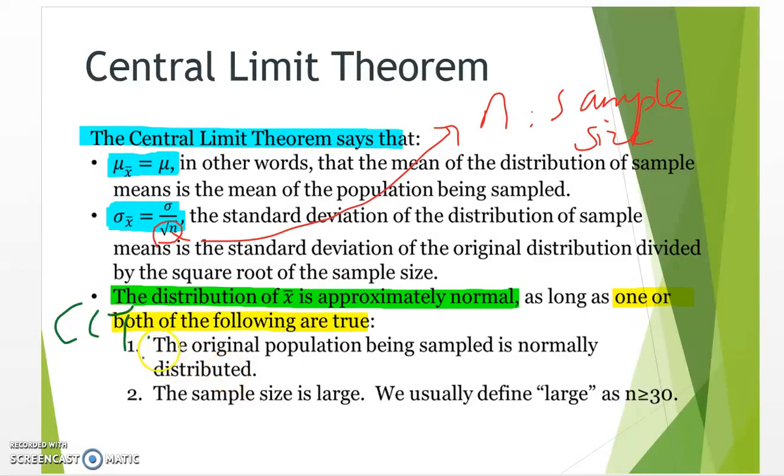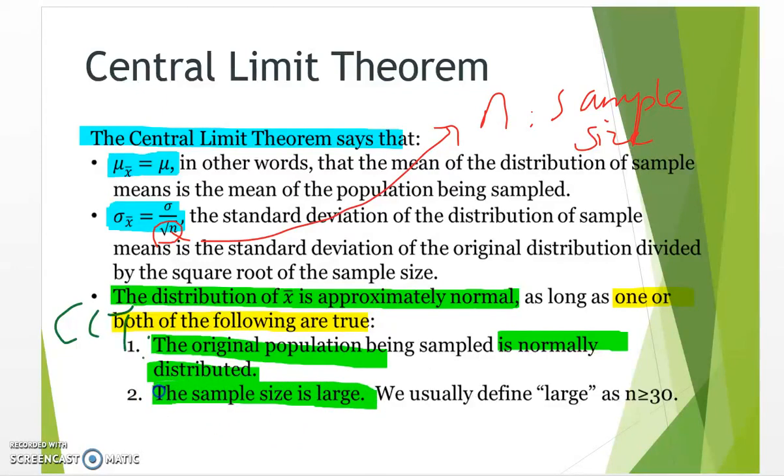As long as one or both of the following are true. The first condition is the original population is normally distributed. Which means if the sample comes from a normally distributed population, then the sample mean is also approximately normal. Second, if you can meet this condition, the central limit theorem can also be applied: the sample size is large enough.